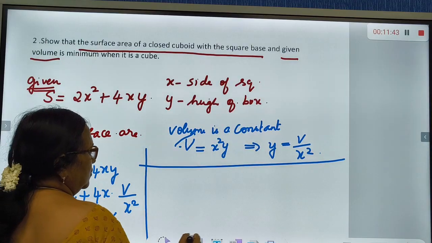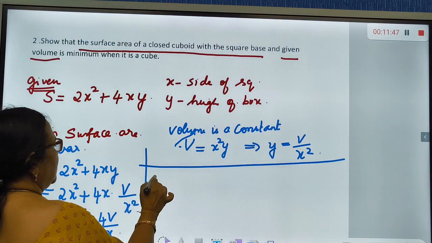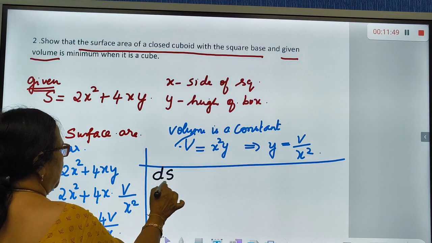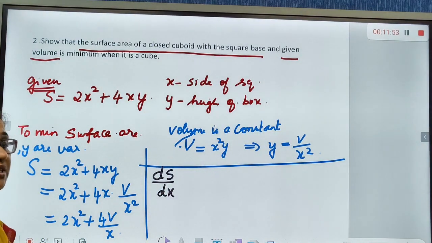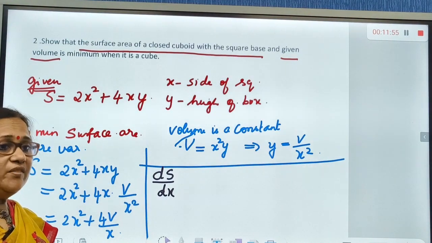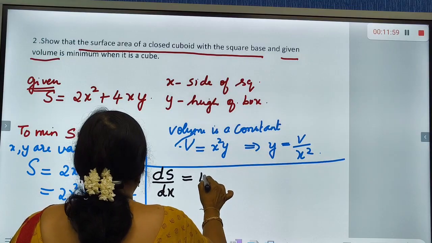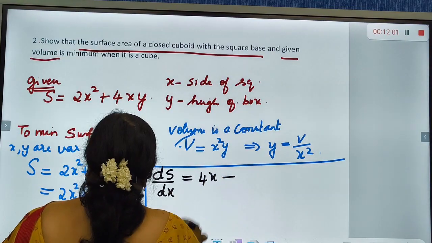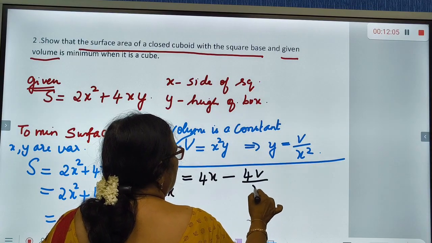Now I have to find dS. To find the critical point, I have to find dS by dx, because we have expressed this as a function of a single variable, namely x. So dS by dx will be 4x minus 4V by x square.